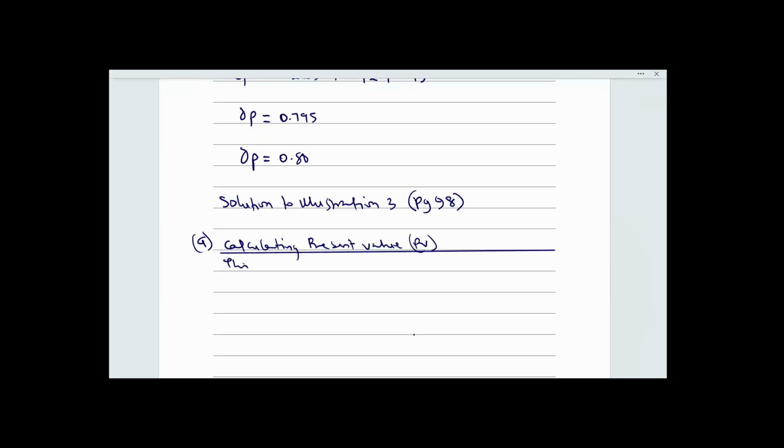This is computed by multiplying cash inflows with the discount factor. All right, so discount factor is not given to us. What do you then do?